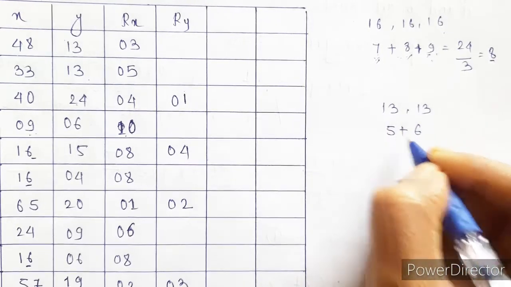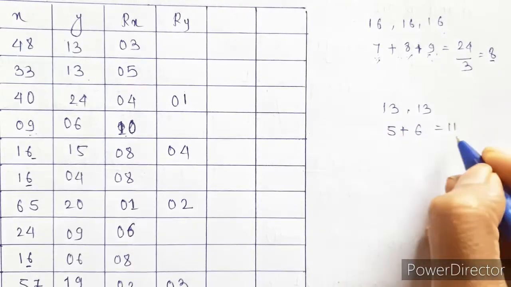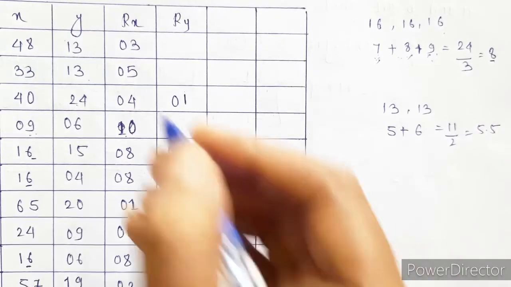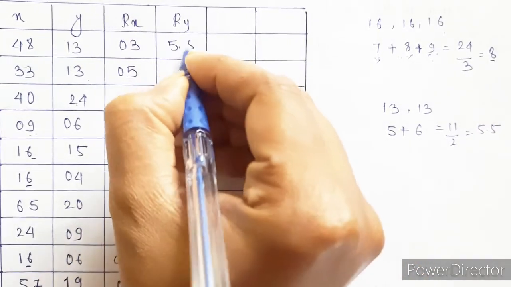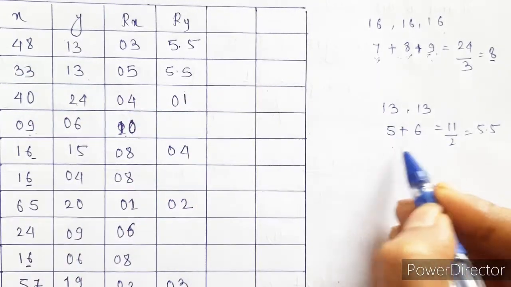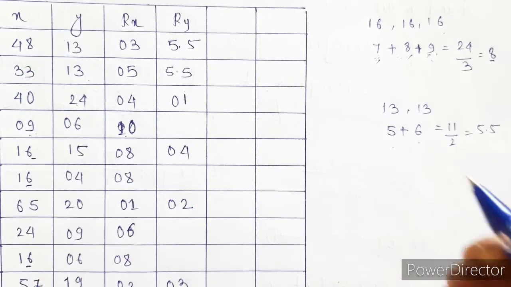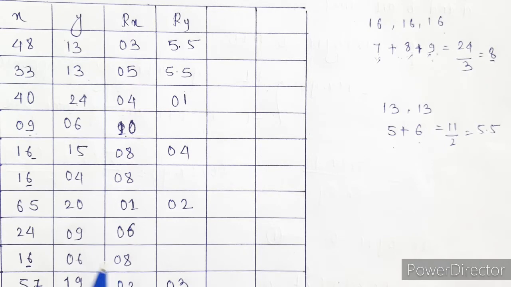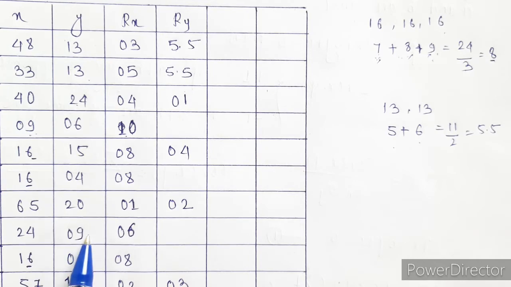So again we have to find the average, so this is 11 by 2, so it will get rank 5.5. So both 13s get 5.5, but 5th and 6th ranks are already taken, so the next value will get rank 7. After 13 we have 9, so it will get rank 7.